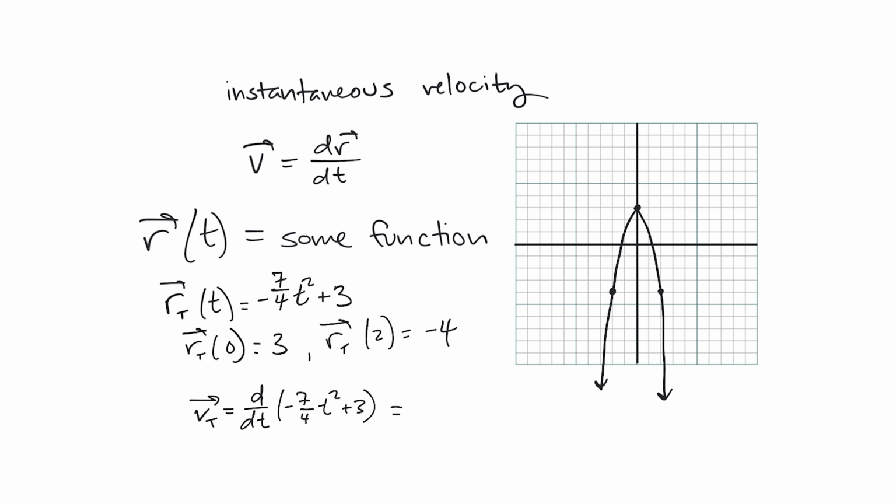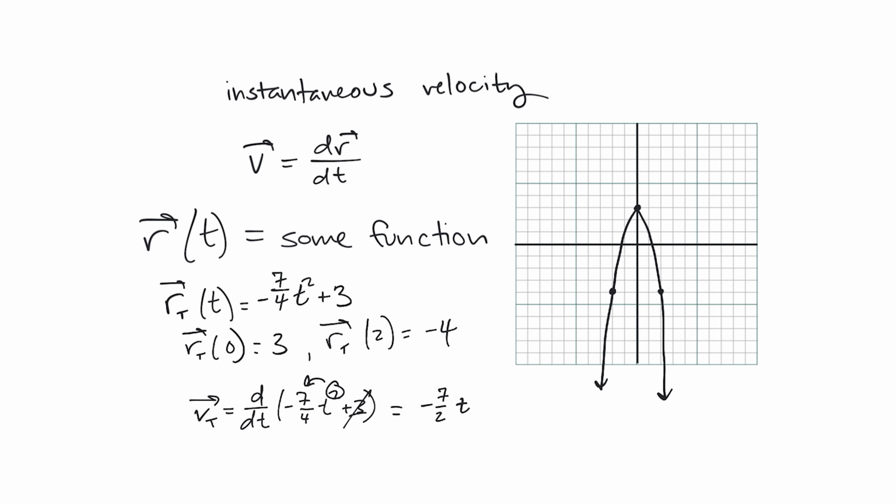Now to do that derivative, it's not quite as trivial as our last one was. You do power rule, multiply 2 times negative 7/4, you get negative 7/2. Lower the power by 1 to get t, and your constant term goes away to 0.